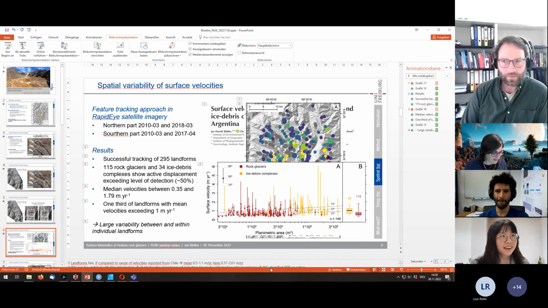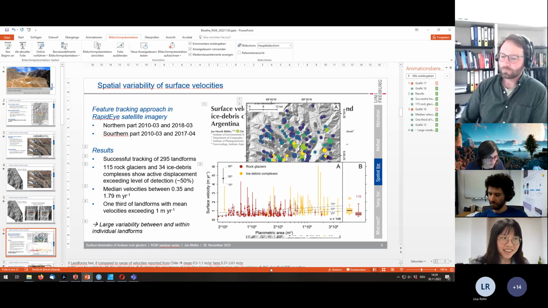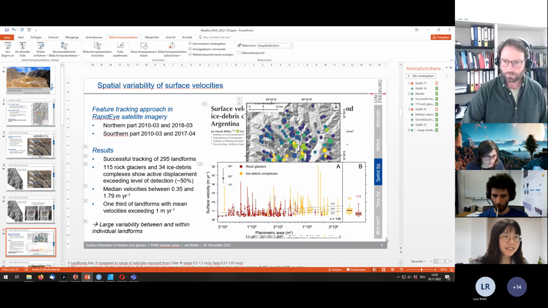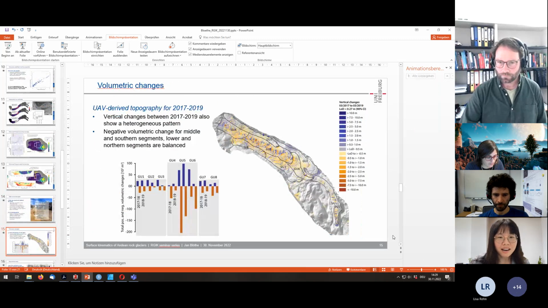So I've got two questions. First one is, I'm curious about the vertical changes of those large rock glaciers in your area, because those glacier-connected and complex rock glaciers could undergo significant degradation at the same time.